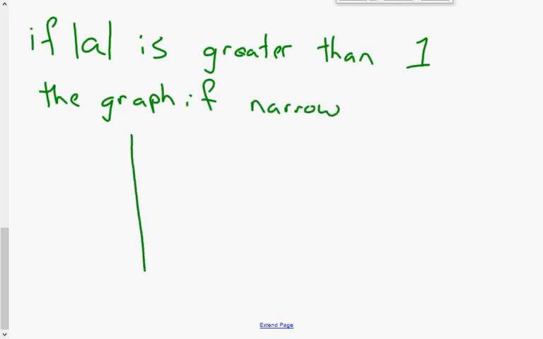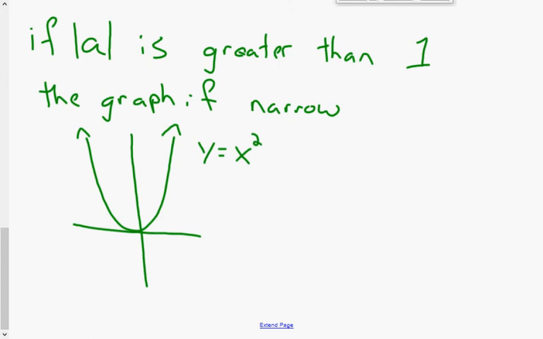So what I mean by that is, let's say this is my regular graph. Here my A value is positive 1. If I was to graph beside it, my A value is now 2.